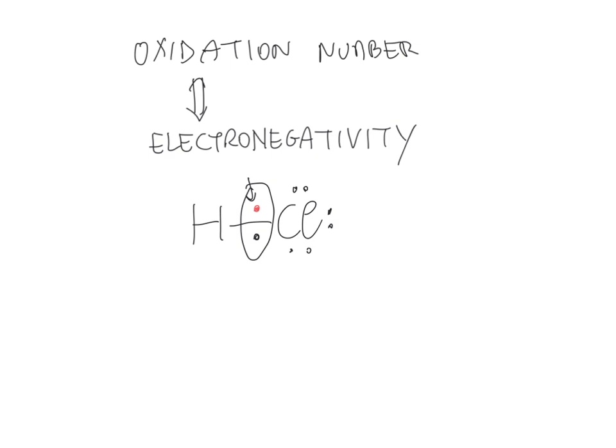So it means that chlorine has one more electron than it should have. So we can say that chlorine is -1. So this is the oxidation number for chlorine. And obviously hydrogen, which loses its electron, is now +1.